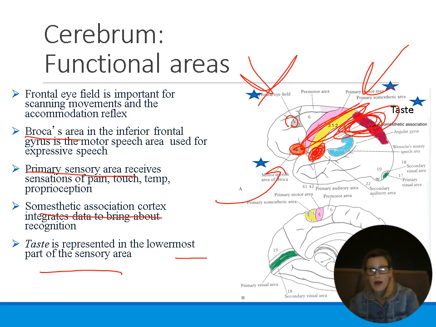Note, there is not a gustatory association area. In a little bit, we'll see that taste and smell have a combined association area, which makes sense because think about how interrelated taste and smell are, right? If something smells bad, then you don't really want to eat it, right? You assume it's going to taste bad. Taste and smell are processed and comprehended together because their association areas are combined.